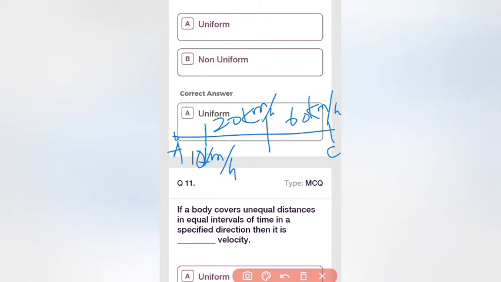So it is covering unequal distances. So the distance covered is unequal. Unequal distances in equal intervals of time is said to be non-uniform.